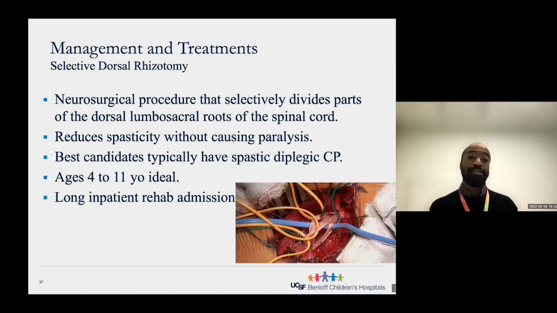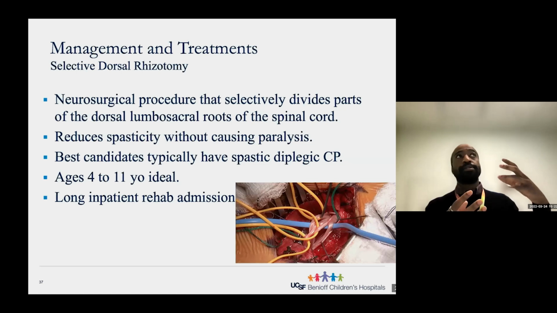You want the child to be able to engage with intensive physical therapy after undergoing this procedure, because we find that after they've had a selective dorsal rhizotomy, there is always a component of weakness that is hidden by the spasticity or tone.